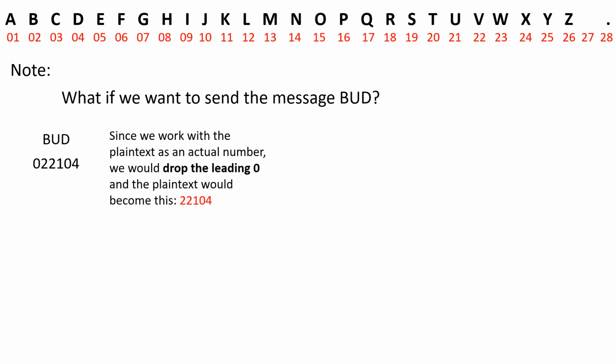Now, since this is a number, and remember, we're putting this plain text number M into a calculation, we'd be dropping that leading 0, right? Because a real number doesn't start with 0. So what we would end up with is 22104.